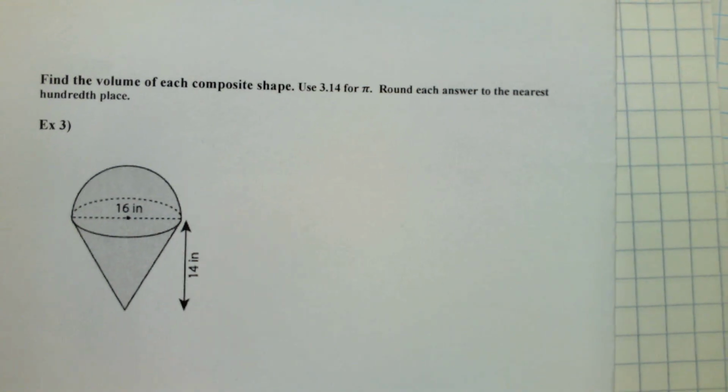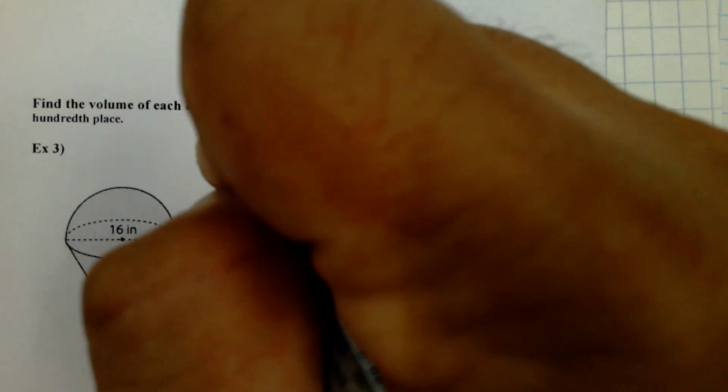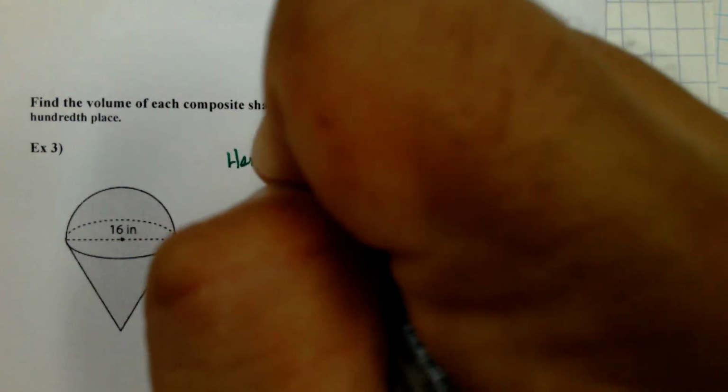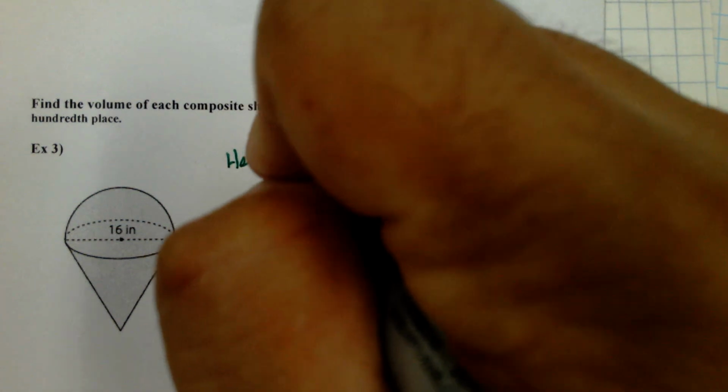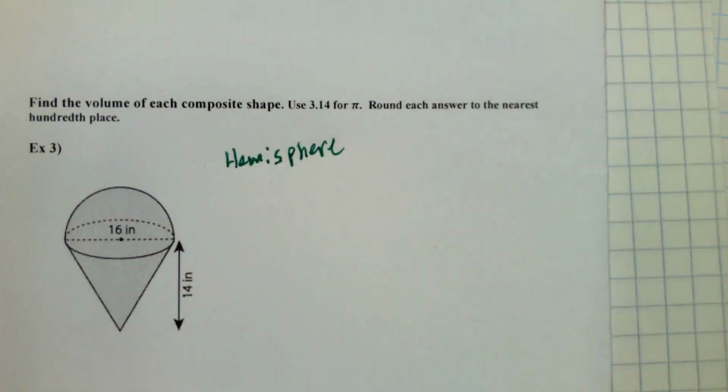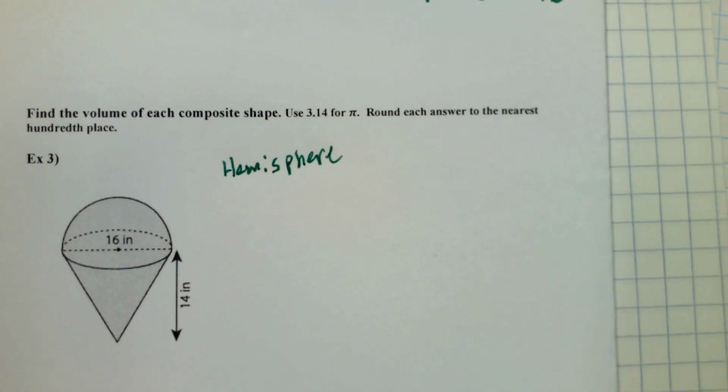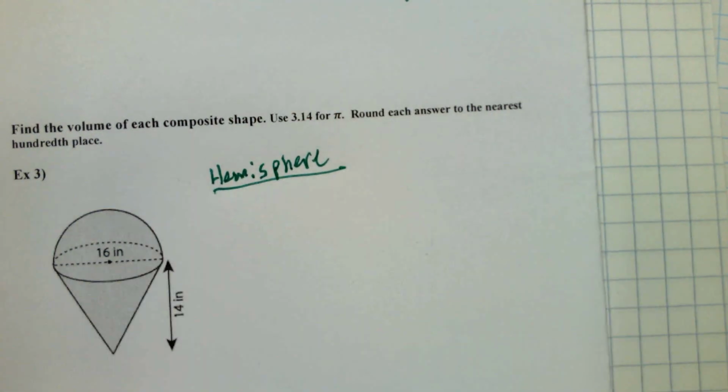Let's start with the hemisphere. Okay, so we'll just calculate it all the way through, round it to the nearest hundredth. We don't need to leave it in terms of pi. So let's get started.